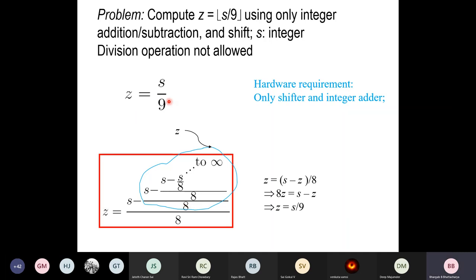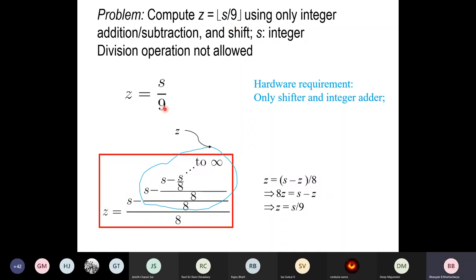And not only that, instead of S by 9, suppose I give you S by 7, you could have done a similar kind of trick. Suppose I give you S by 255, what would you do? S by 256 is okay, because 256 is a power of 2, you can do just a shift. Some bits will be lost, but I'm taking the floor of that.